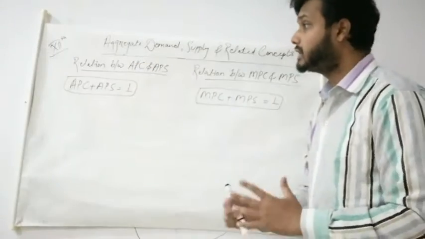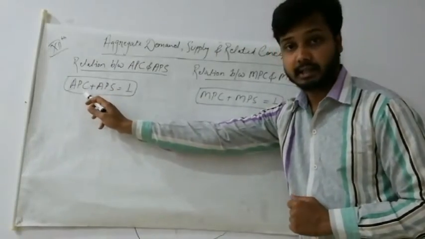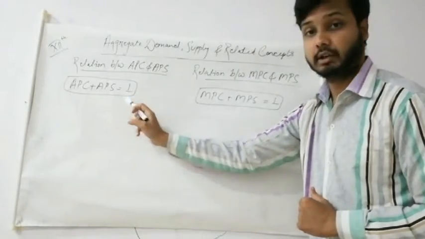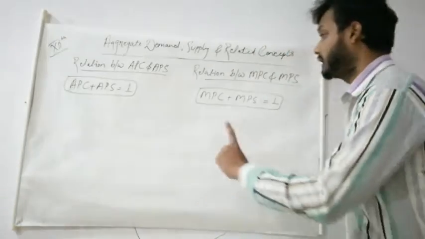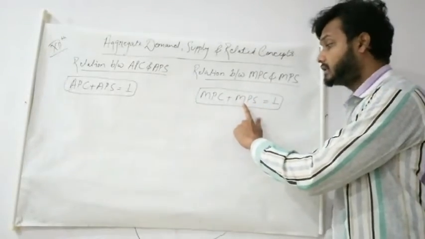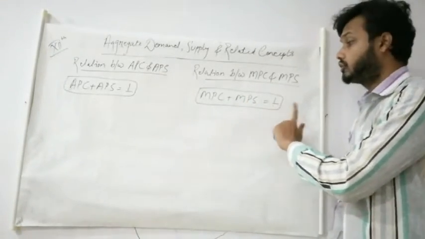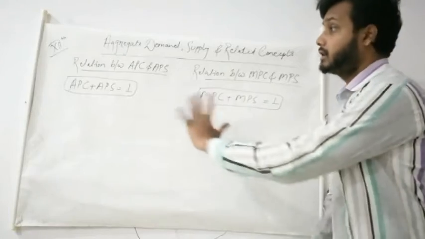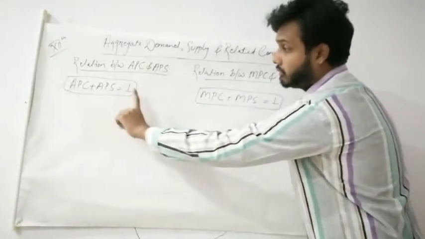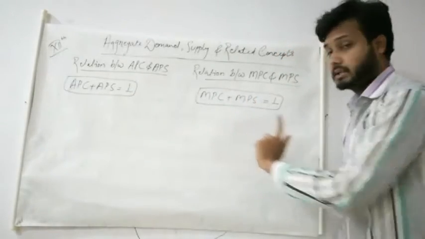Okay. Now coming to its relation, average propensity to consume plus average propensity to save will always be equal to 1. In the same manner, MPC, that is marginal propensity to consume, and marginal propensity to save will also be always equal to 1. This is the relation between APC and APS, that when we will add these two, it will always be equal to 1, and same is here.